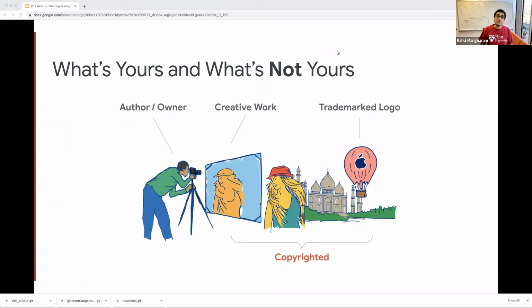Now, let me give you a specific example. Say you're taking a picture. You've got your camera and you took a nice little picture and you're very proud of it. And you're going to put that in your data set. Depending on how you're using your model, which might be trained on the data, you might get into a pickle. Because if that data, for instance, has got critical logos, brand images, or some sort of property in there, and your model is providing some end user value by being able to pick these things up, well, you need to be careful, because those properties and brands are all copyrighted.